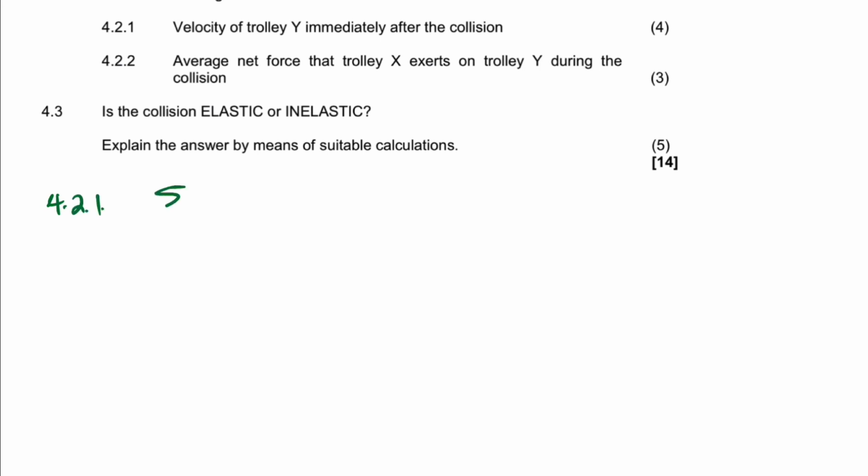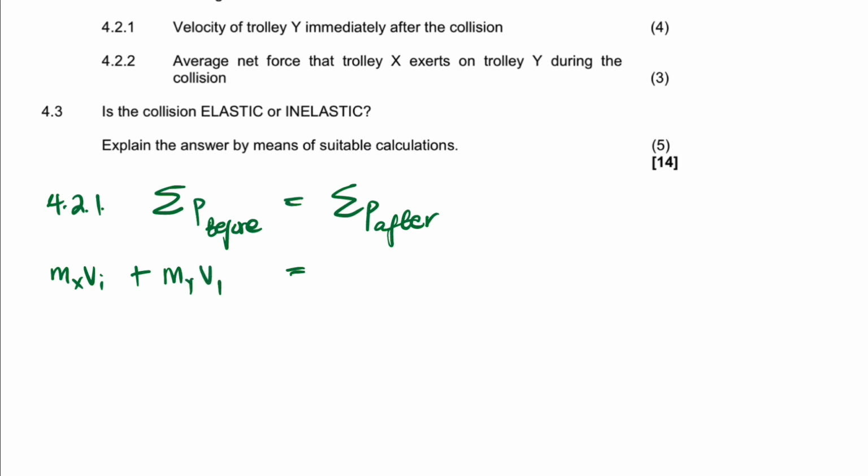4.2.1, I'll say the total momentum before is equivalent to the total momentum after, because the system is closed. So we'll take the mass of trolley X multiplied by its initial velocity plus the mass of trolley Y multiplied by its initial velocity.